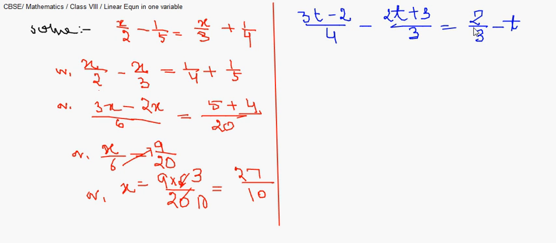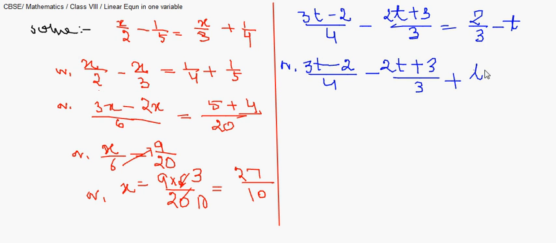If we look at this question, I have to carry that t on the right to the left side, thereby changing its symbol from minus t to plus t, and 2 by 3 being constant on the right. We now will follow the same method as we did in the previous question.